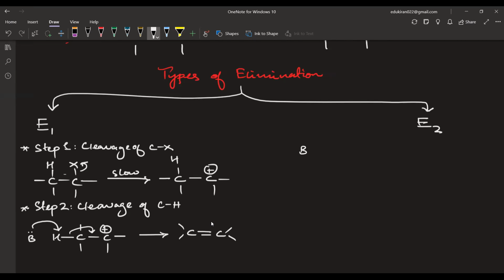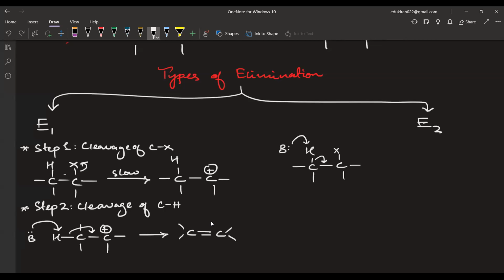So there will be a base. The base is electron rich. It will be attacking the hydrogen atom of the substrate. Now hydrogen is forming a bond with base, and that is why it will be breaking the CH bond.